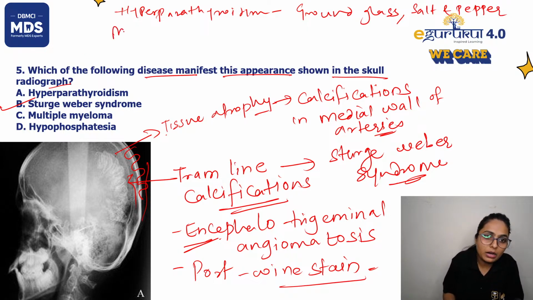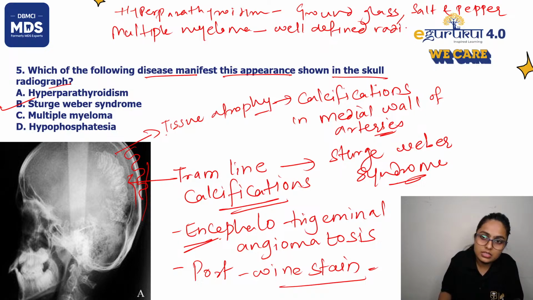Then multiple myeloma, option C, will be seen as multiple well defined radiolucencies.